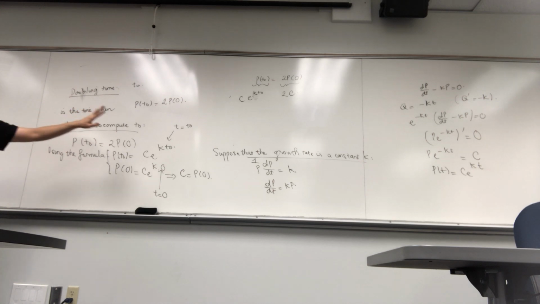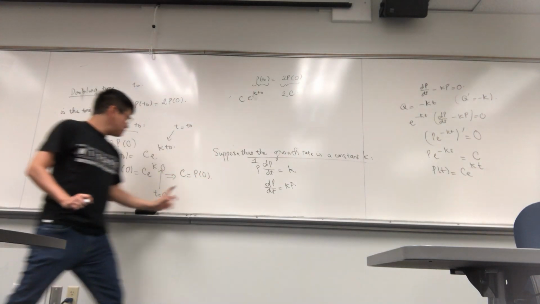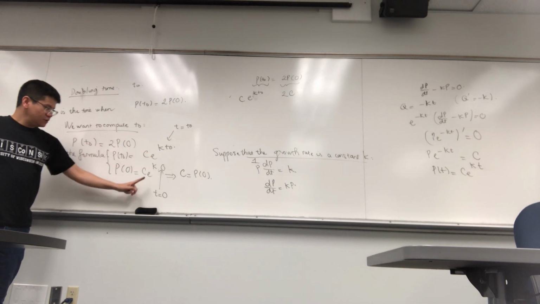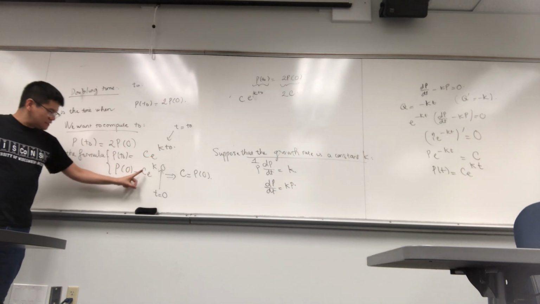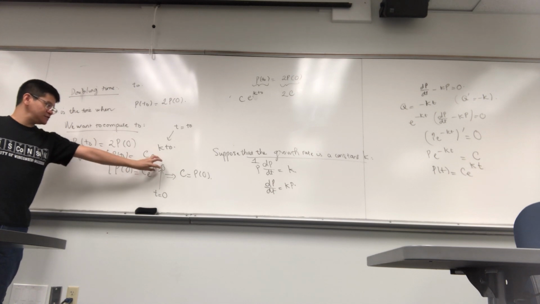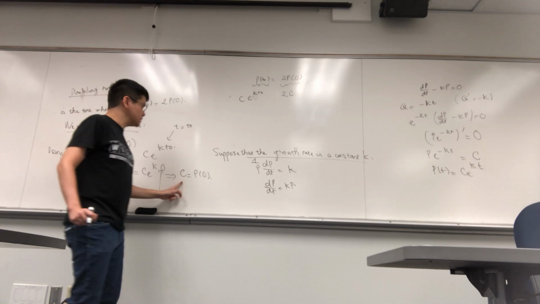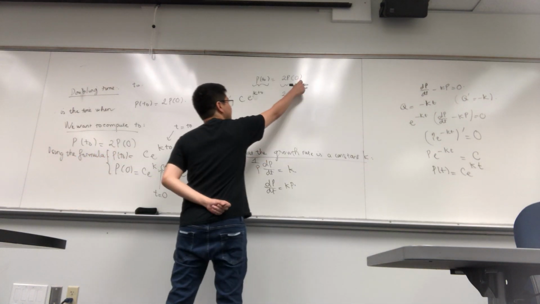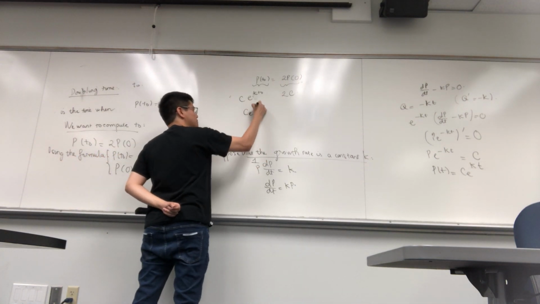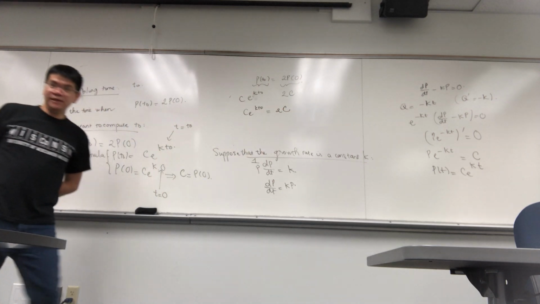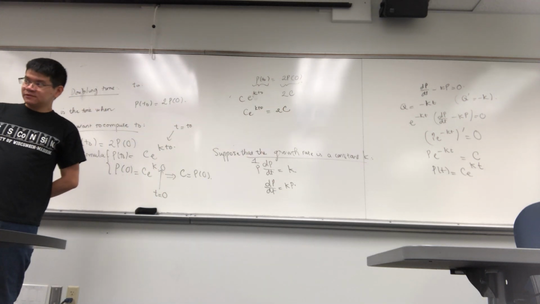But you know that by the formula, P(t0) is C e^(kt0), and P0 is C e^(k0), but k0 is 0, so e^0 is 1. So here I have C. So 2P0 will be 2C. So I'm going to set them equal. It's clear.